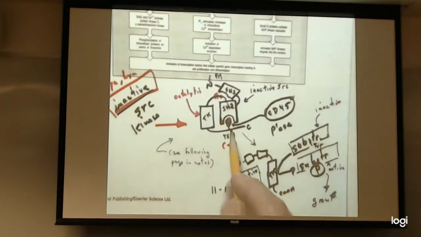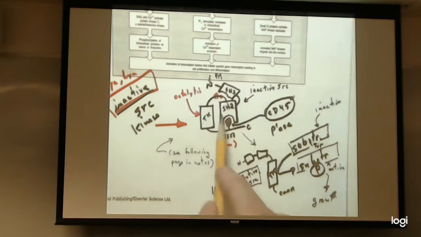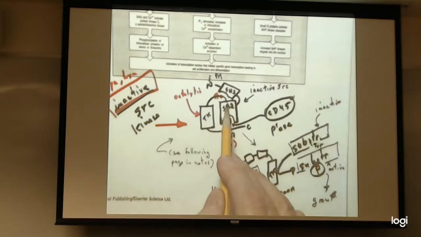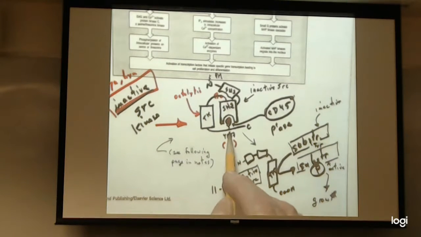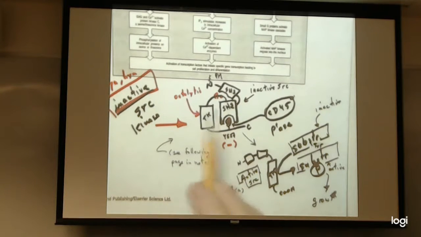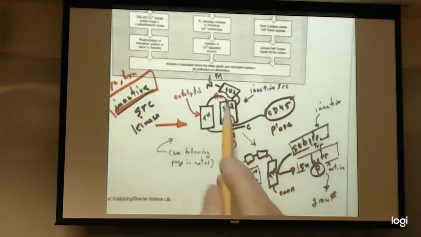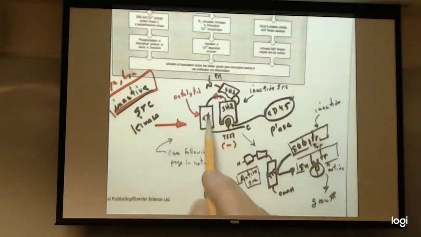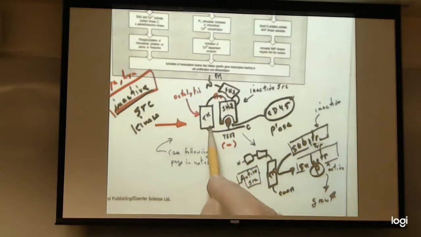And Src is inhibited because there's an internal interaction between the Src SH2 domain and this tyrosine here. It's like Src sort of bends over backwards and bites its own tail, and that puts a strain on the catalytic domain here. So when Src is in this configuration, the kinase domain, TK for tyrosine kinase, is enzymatically inactive.